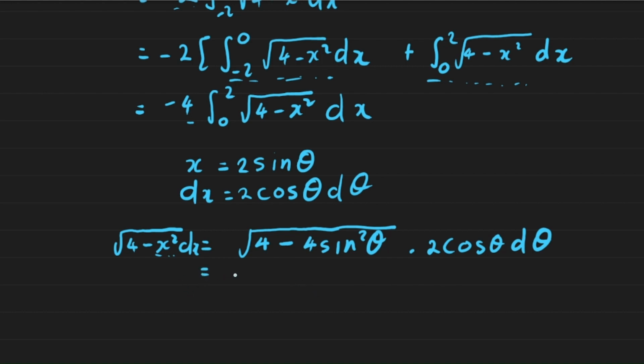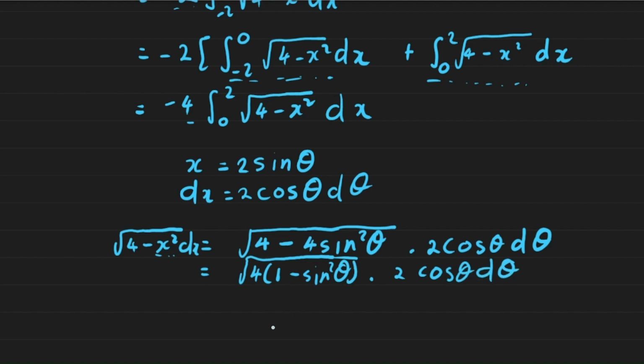So simplifying this, we just bring out 4 as a common factor inside the square root. So that gives us 4 into 1 minus sine squared theta times 2 cos theta d theta.